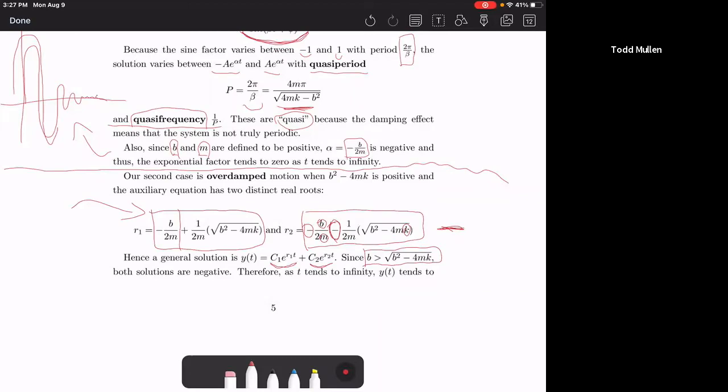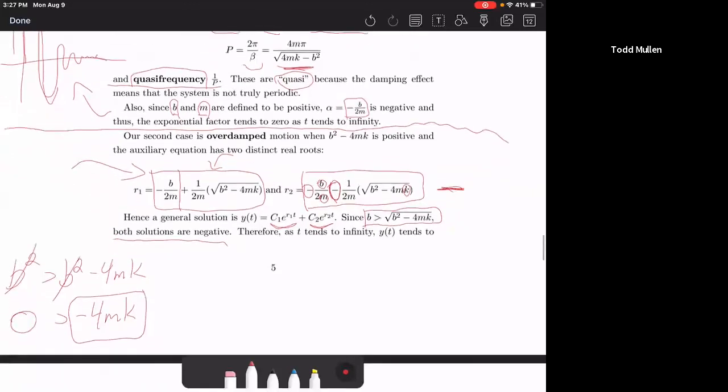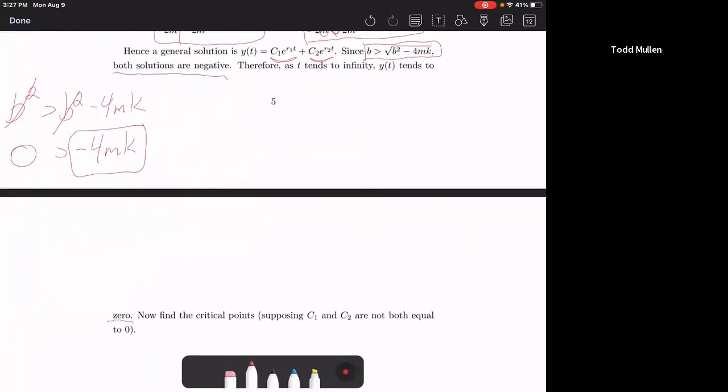Roughly, it's because if you were to square both sides, you would get b squared is greater than b squared minus 4mk. Then you cancel out the b squareds and you just get 0 is greater than negative 4mk, which is clearly true because this is a negative value. So since b is greater than the square root of b squared minus 4mk, this is also a negative value. So both roots are negative. Therefore, as t tends to infinity, our solution y will tend to 0.